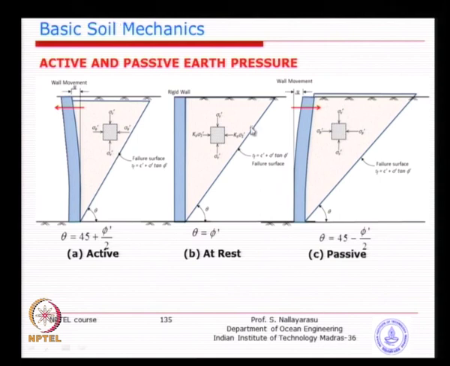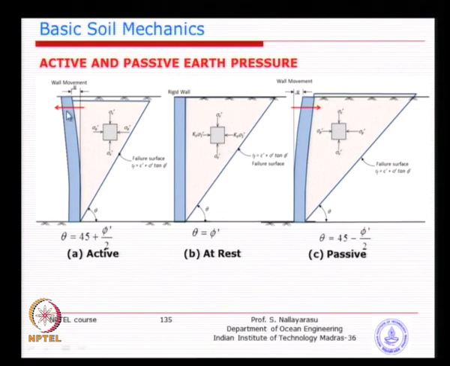Basically, the horizontal stress is a fraction of the vertical stress with certain multiplication factor, and the soil is in equilibrium, it neither moves nor goes back, and that condition is at rest, and at that time the state of stress is such a way that the soil does not move, and not the wall, not the soil. So, it is basically the relationship that we are looking at, which will be quite difficult to find out. Basically, in this condition there are several empirical formulas which we will look at.